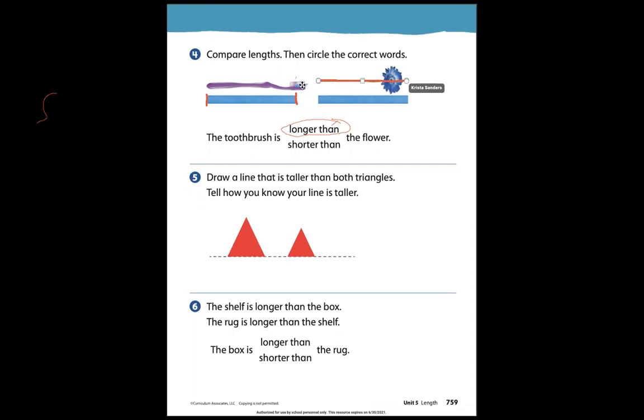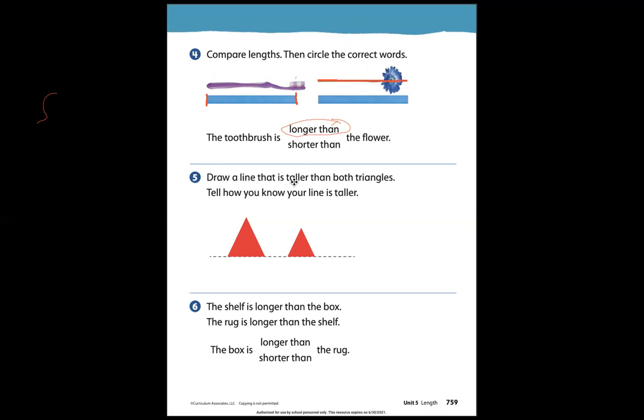Notice that the toothbrush, when I made my line, went right past my stick. But when I measure, it's not going to let me grab that. When I measure the flower is shorter. That means the toothbrush has to be longer than the flower.